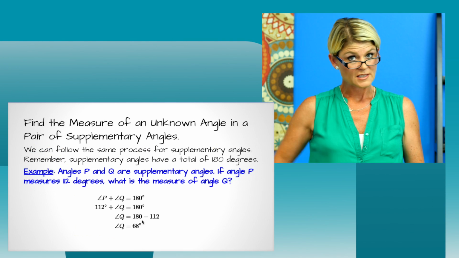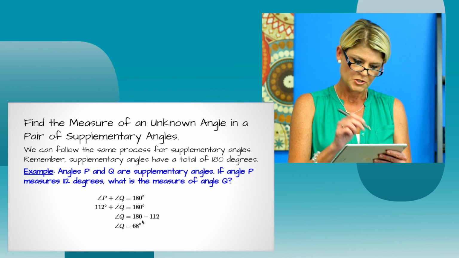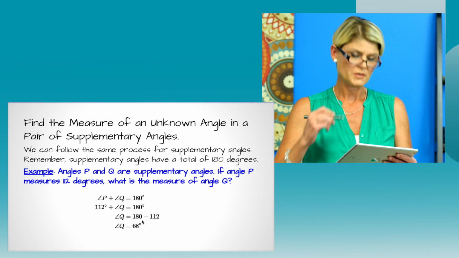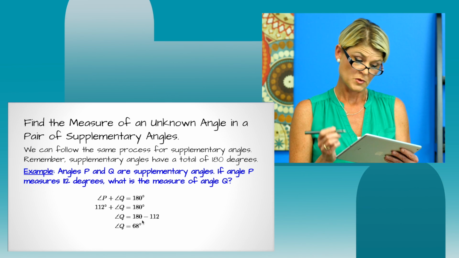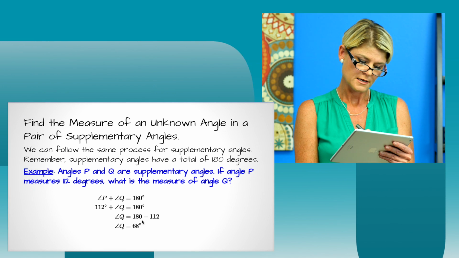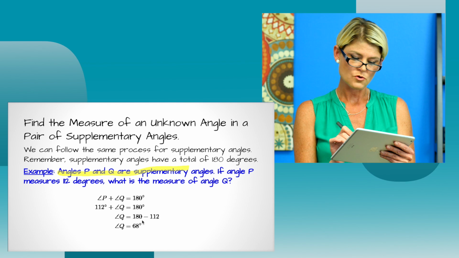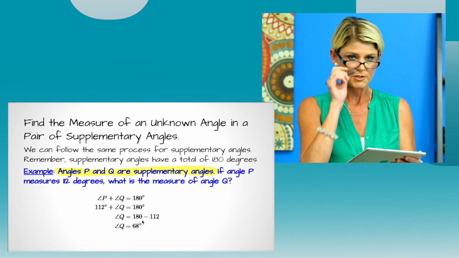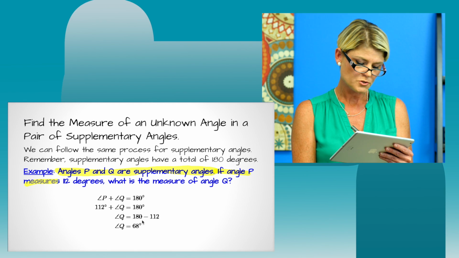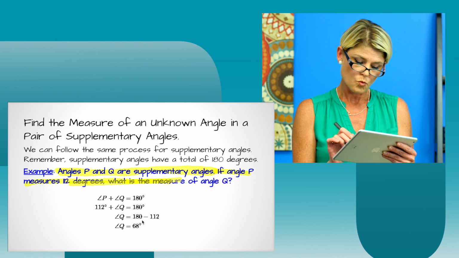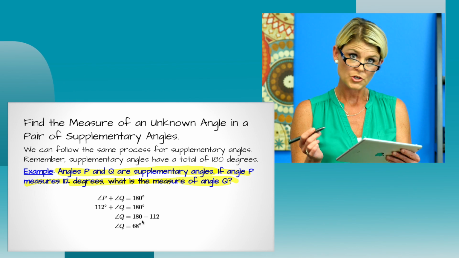And of course, we can do the same thing with supplementary angles. Let me show you this example. This one's a little bit different because we don't have the actual figure in front of us. We have it in words. It says angles P and Q are supplementary angles. Remember, supplementary, 180. If angle P measures 112 degrees, what is the measure of angle Q?